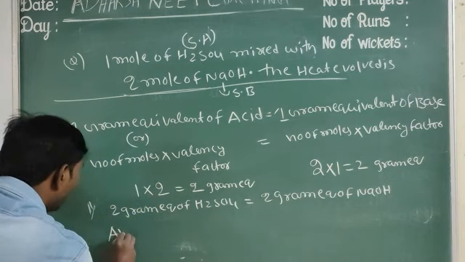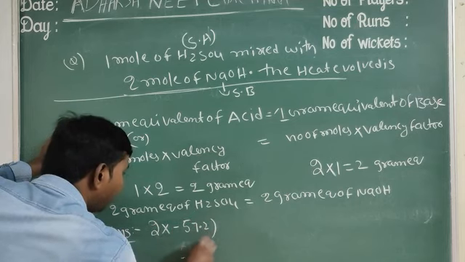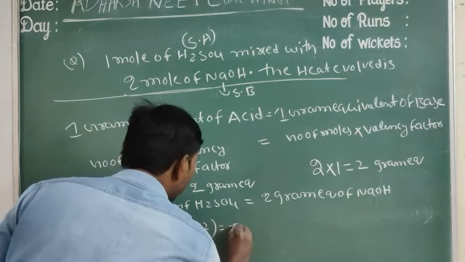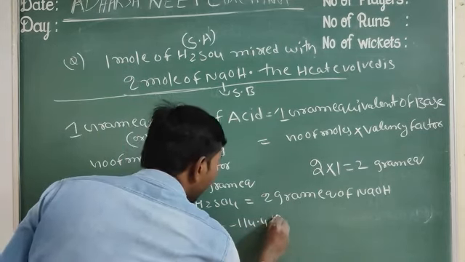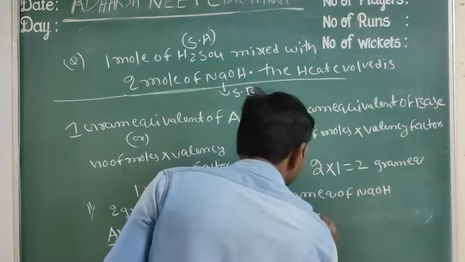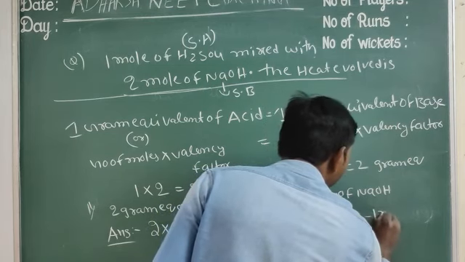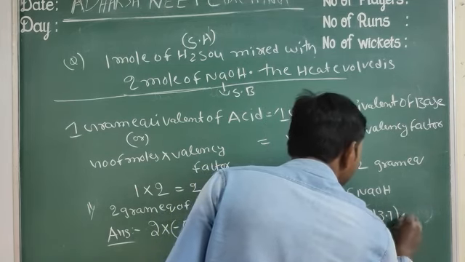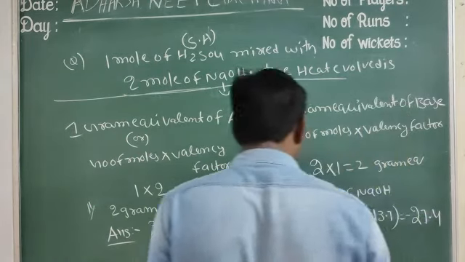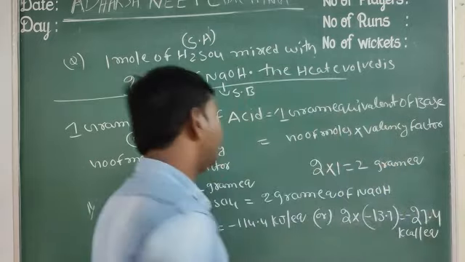That's why your answer is 2 into minus 57.2, that means minus 114.4 kilojoules per equivalent, or 2 into minus 13.7 equals minus 27.4 kilocalories per equivalent.